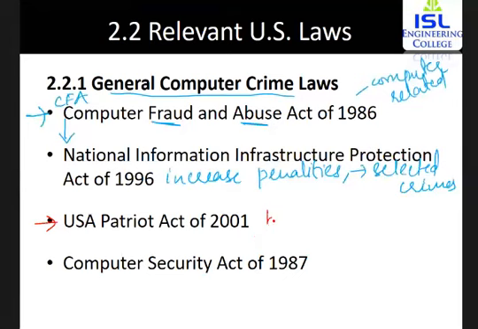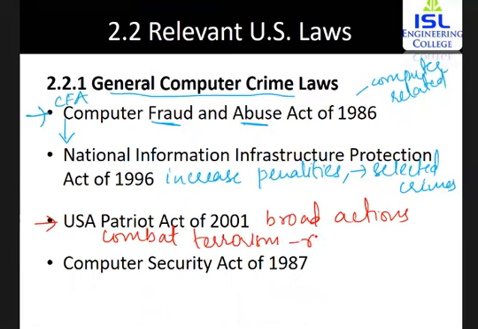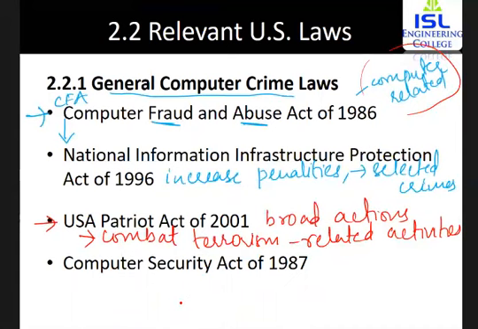It provided a broader set of actions, and these actions were basically used for combating terrorism related activities. As the first set, the CFA, was based upon computer related fraud, the second, the USA Patriot Act, was a modification of the existing laws and practices, and it was majorly used to combat terrorism related activities.